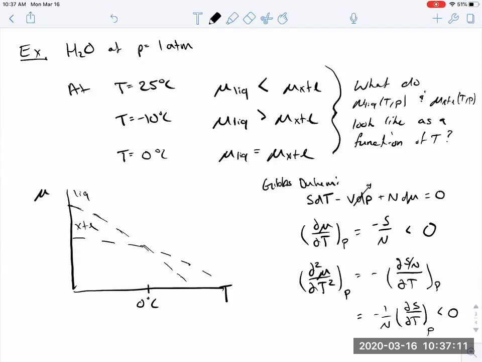All right, at 0 degrees Celsius is where the chemical potentials are equal. That's this point here. And the phase that wins, the phase that's stable, the phase we see, is that with the lowest chemical potential, which means that at lower than 0 degrees C, we're going to see the crystal. And at higher than 0 degrees C, we're going to see the liquid. And so the chemical potential of water is something that exhibits a sharp kink at 0 degrees as it transitions from the crystal to the liquid.